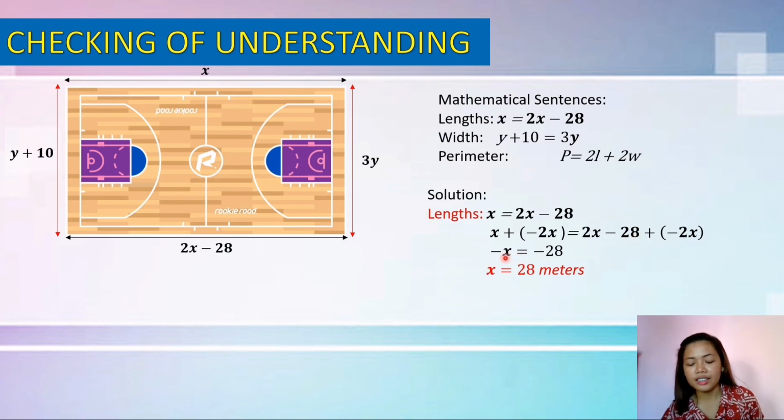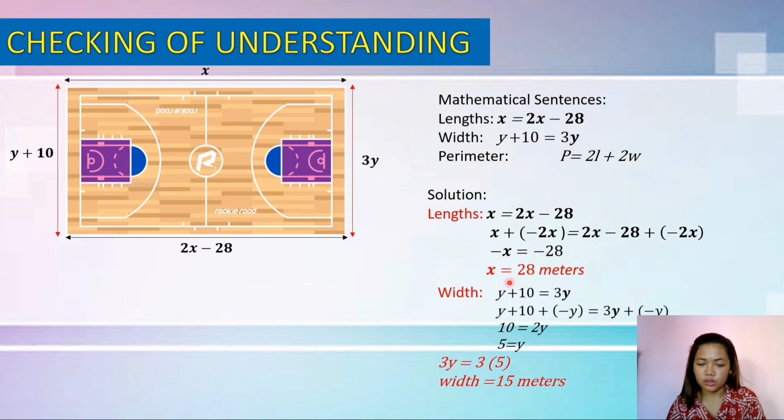Now we have negative x is equal to negative 28. Since we are dealing with lengths, there are no negative lengths, so we multiply both sides of the equation by negative 1, so that we are not changing the equality relationship between the two sides, and x is equal to 28 meters.